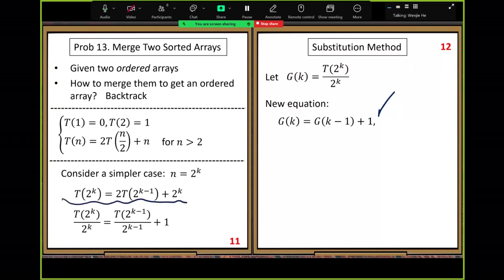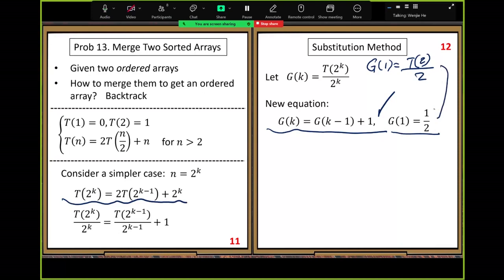This is the original recurrence relation. Still not that simple. But this version is much simpler, right? You can keep doing iterations like this. The initial value: g of 1 equals t of 2 to the 1 over 2 to the 1, which is t of 2 over 2.